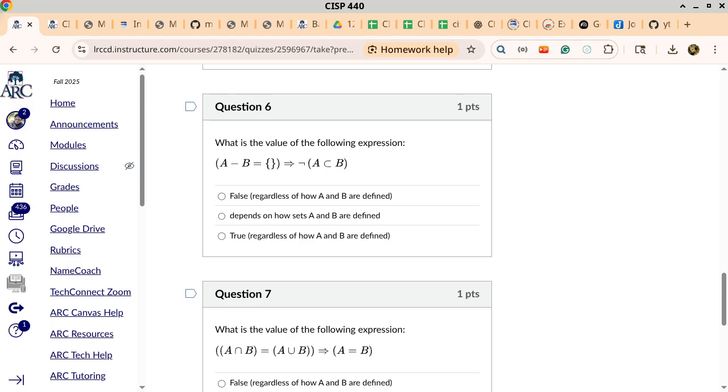It's not difficult to make A minus B an empty set, because this means everything in A is also in B. So if I can make everything in A also in B, can I imply that A is a proper subset of B is false?